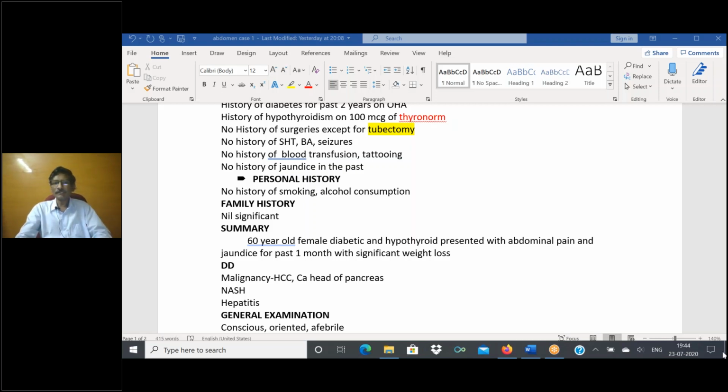How are you telling it's NASH? Why are you bringing in NASH? Does the history fit into NASH? NASH has a more chronic progression. First look at the risk factors.